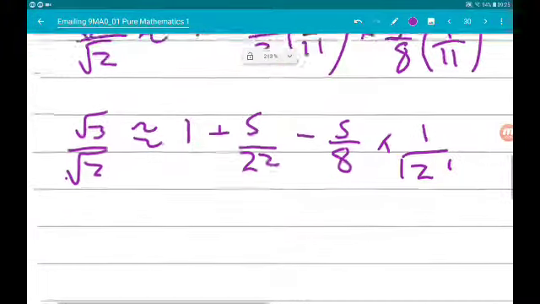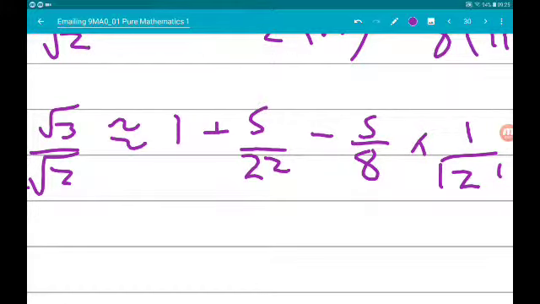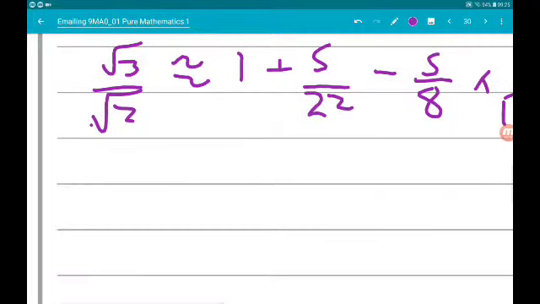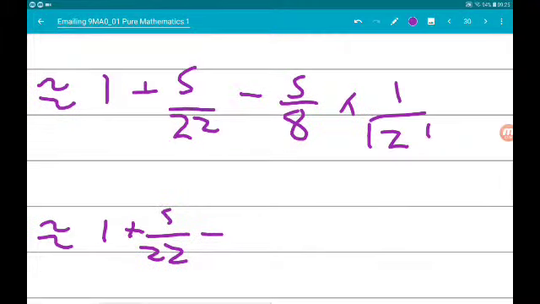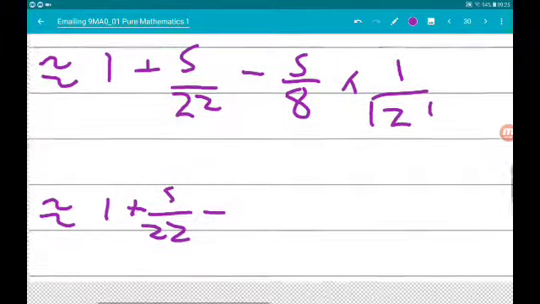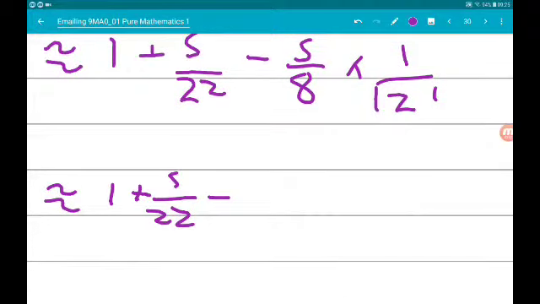Lovely. Right, so we're going to get root 3 over root 2 is approximately 1 add 5 over 22 minus 5/8 times 121 is 5 over 968, I believe.